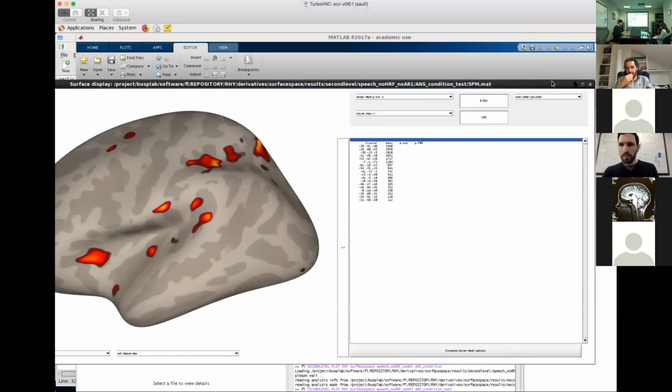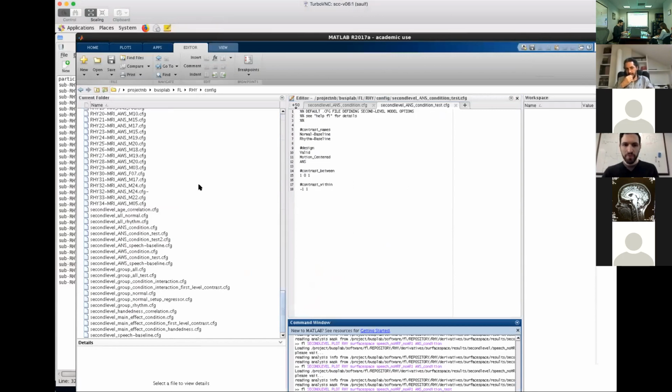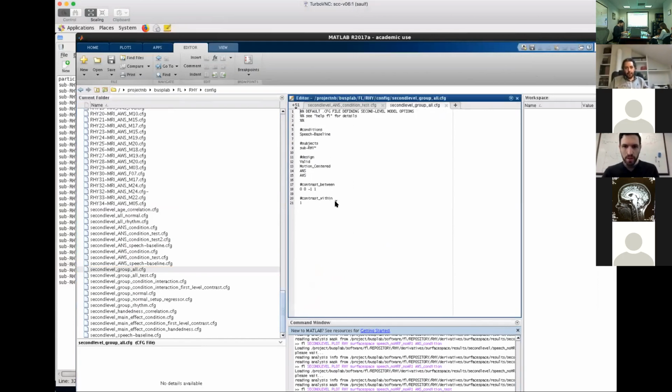So that made me wonder whether the group effects... let me just look at the main effect of group across the speech minus baseline condition, which was specified like this.